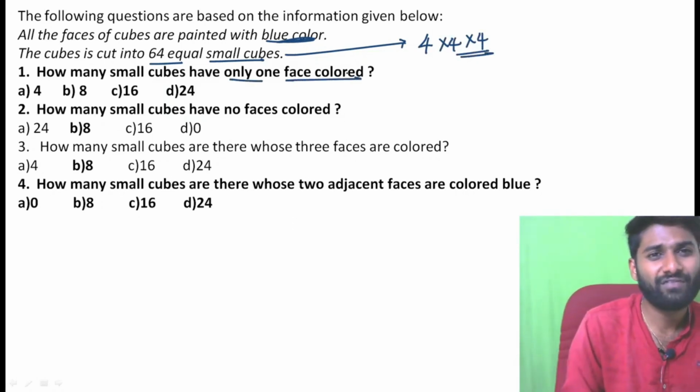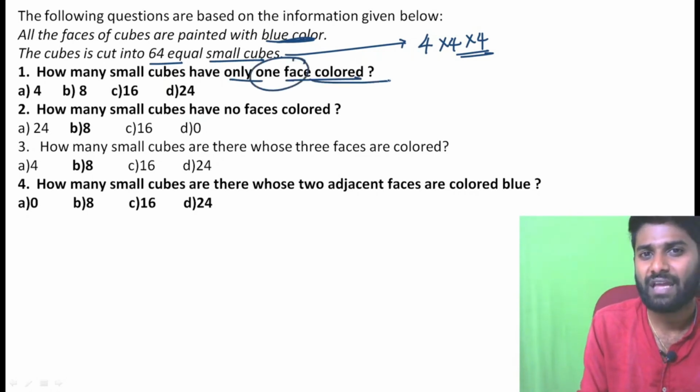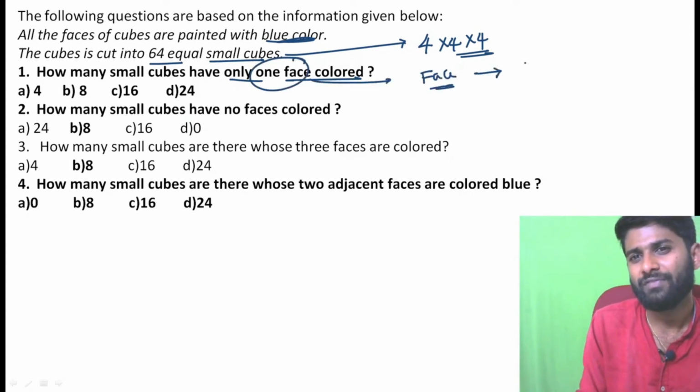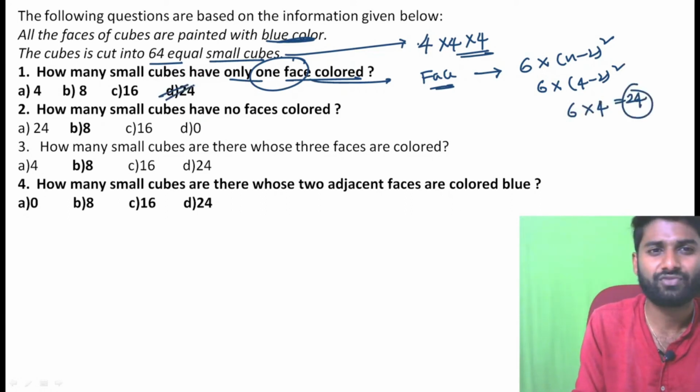What I mentioned, guys: one-face color is available at faces. How many faces are there? Six faces. How many cubes per face? N minus 2 whole square. Here n is 4. So 6 into 4 minus 2 whole square, 6 into 2 square, which is 4. 6 fours are 24. The answer becomes 24.